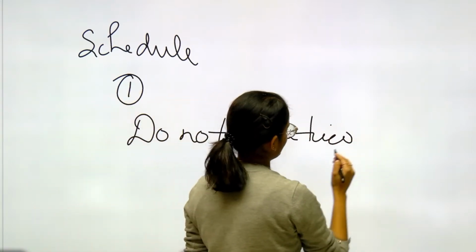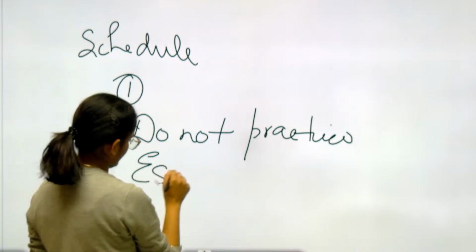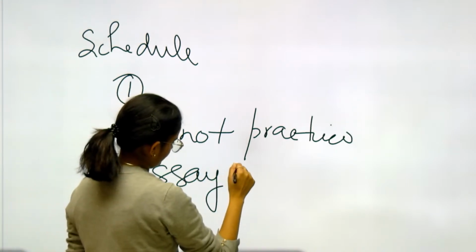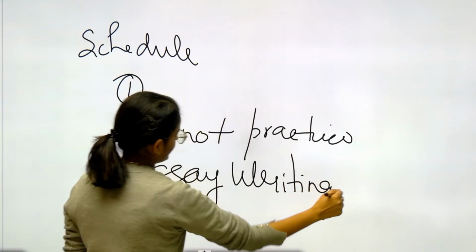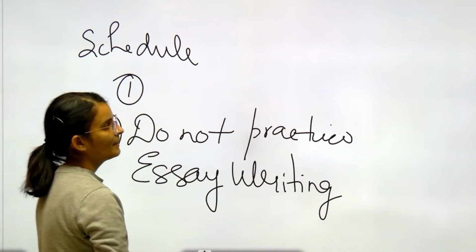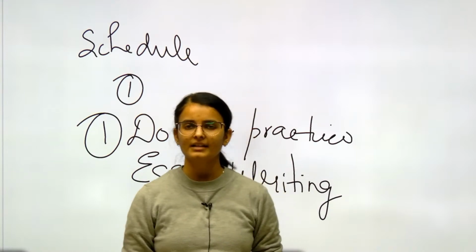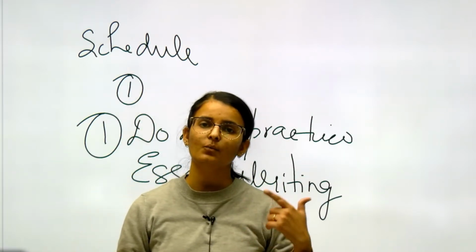They do not practice essay writing for descriptive. This is the first big mistake. Why? Because unless you practice, you will not get thoughts in your mind about what to write.